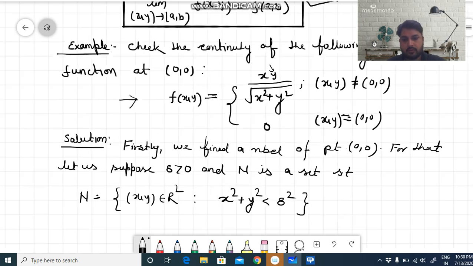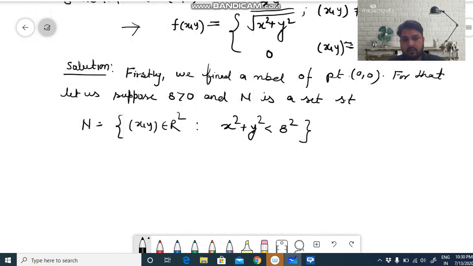So basically these are the points of the disk of radius delta.